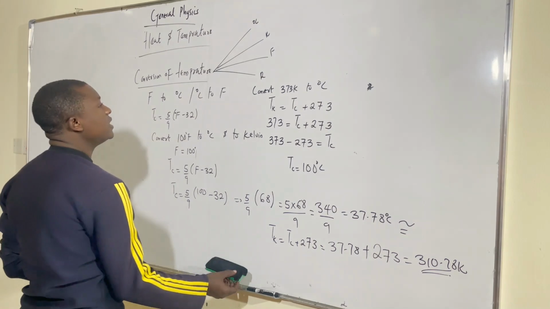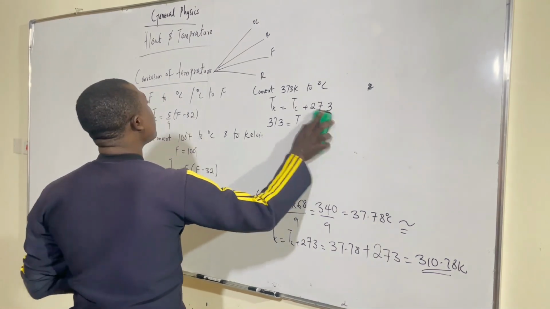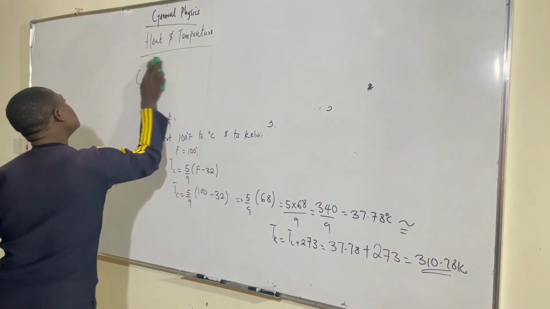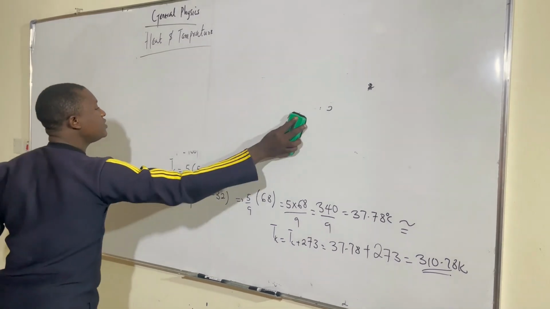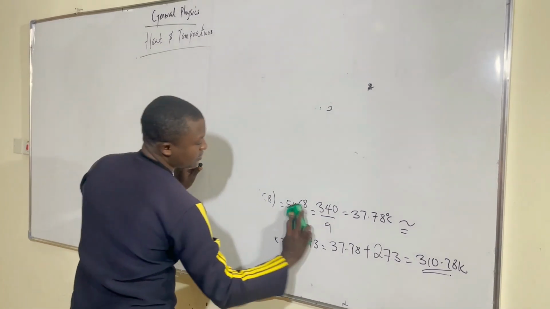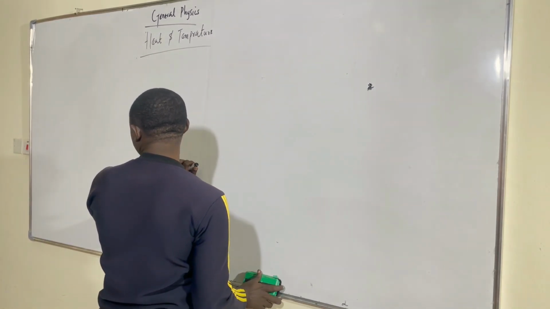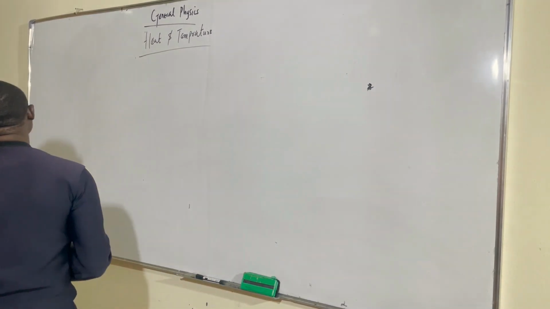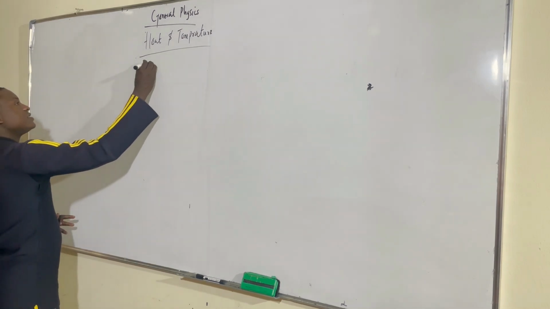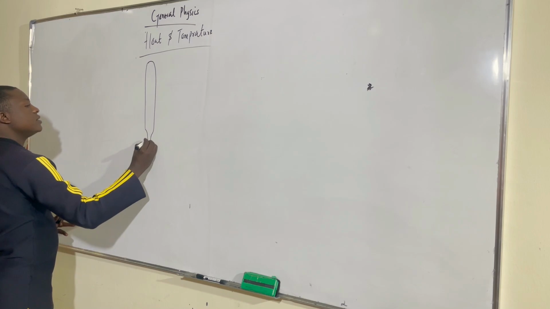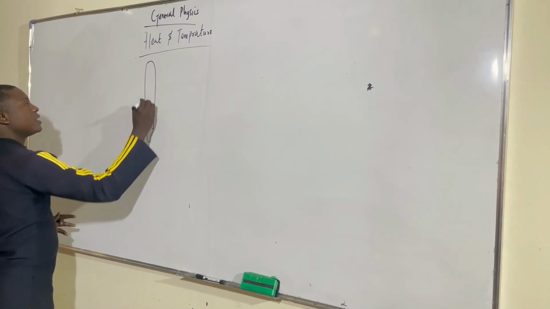So, temperature scale now. Let's say we have a thermometer like this. It begins from one number and ends somewhere.